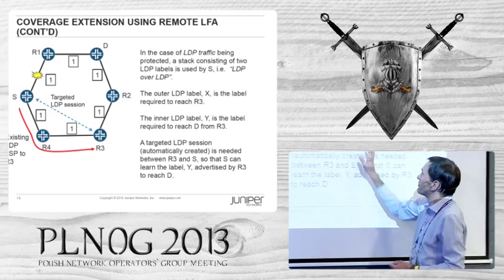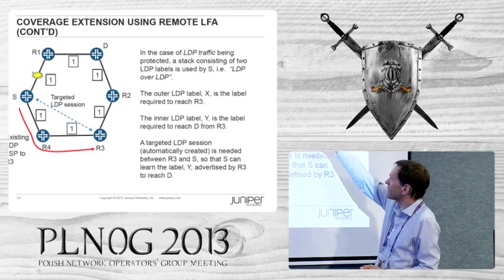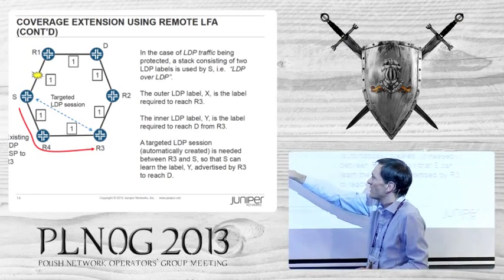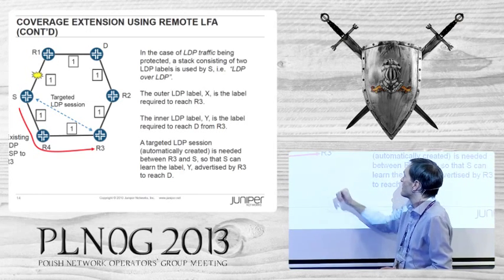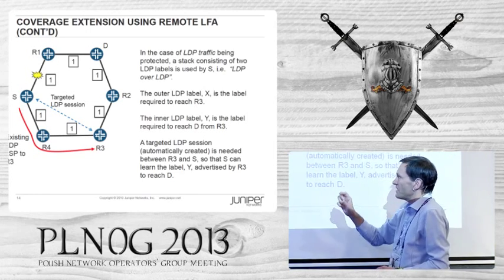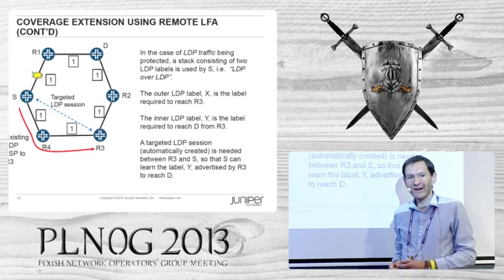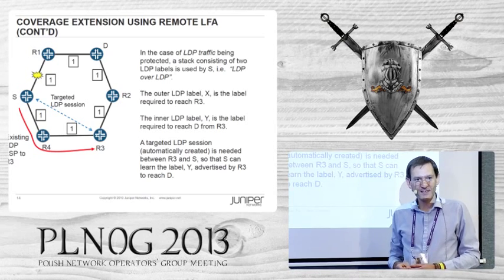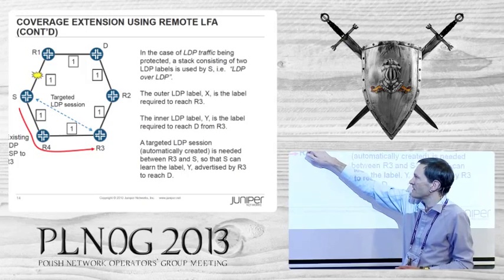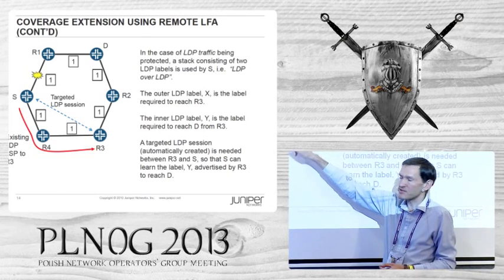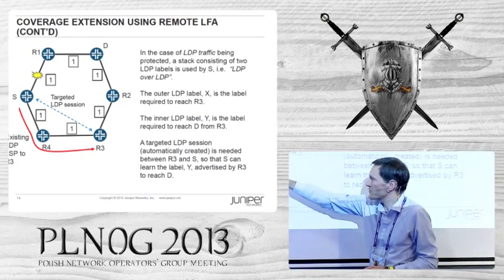And so in terms of label operations, suppose the LDP label that R4 advertises to S, corresponding to R3, has a value of X, then S pushes that label value on top of the packet. Inside, you have a different label value, which is label value Y, which is the label that R3 advertises on this targeted LDP session corresponding to destination D. And so the packet travels to R4.